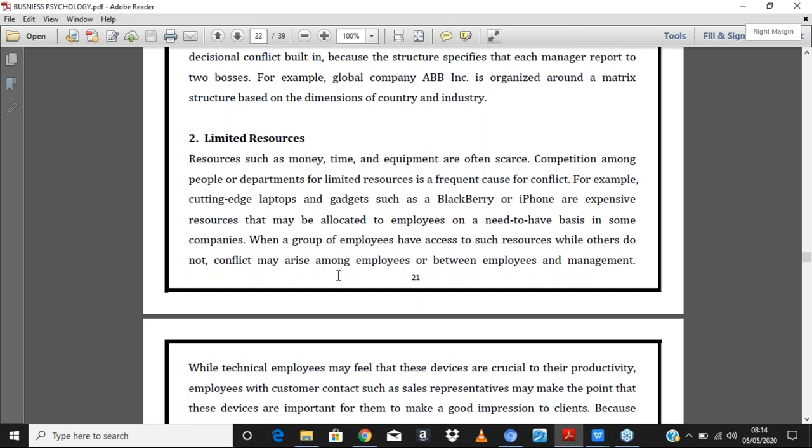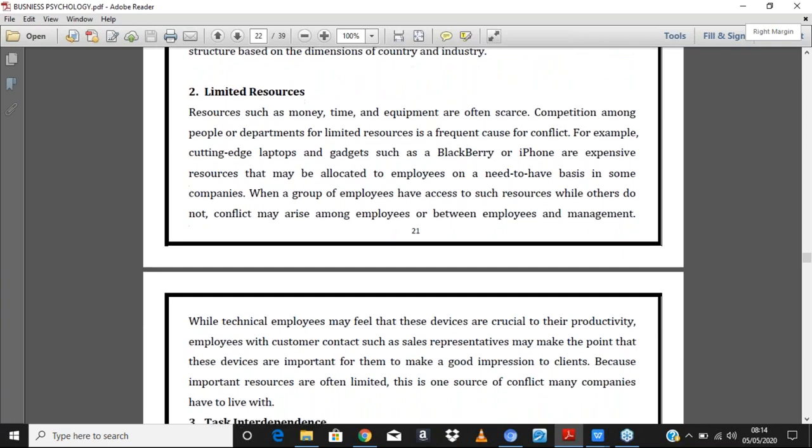So because of this scramble for resources, everyone wants to get the best, and not only within, even with other organizations, there can be challenges of trying to get more resources, more customers, and all of that. How to improve the customer base to get the larger market share, and because of all of these things, it can bring about disagreements and conflict.